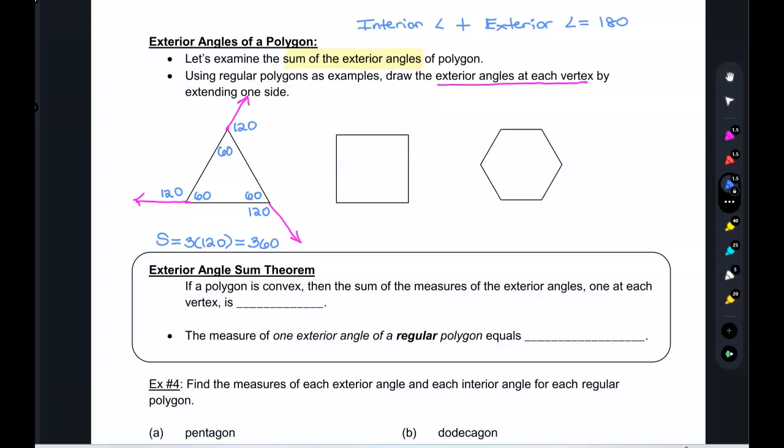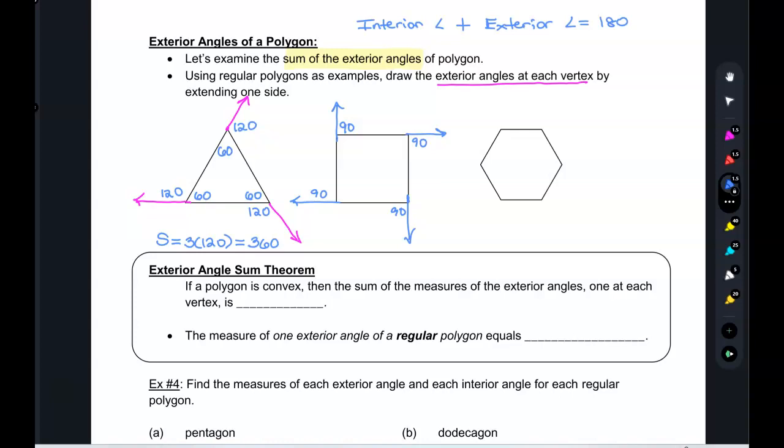Let's take a square. What are all the interior angles? 90. So here. Could you also make the arrows sideways? Sure. It doesn't matter which direction, just pick one. I like to start from one direction and go around.